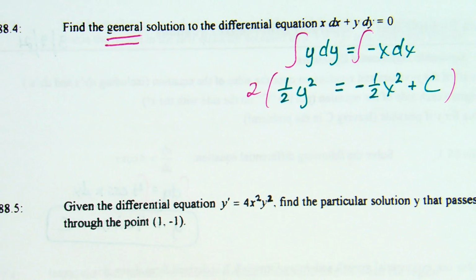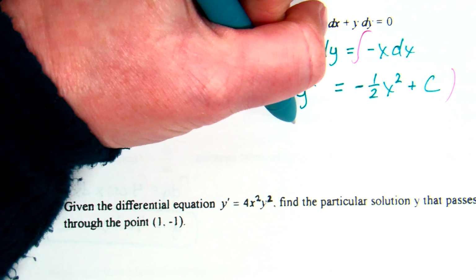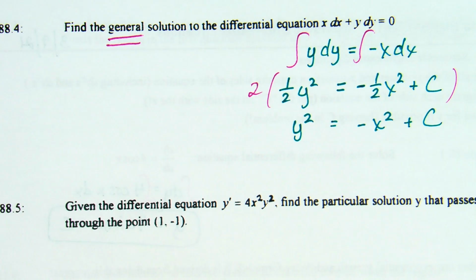So if we multiply this by 2, I'm now going to have y squared equals negative x squared plus c. There's two different options of how we could go here. What's one option?